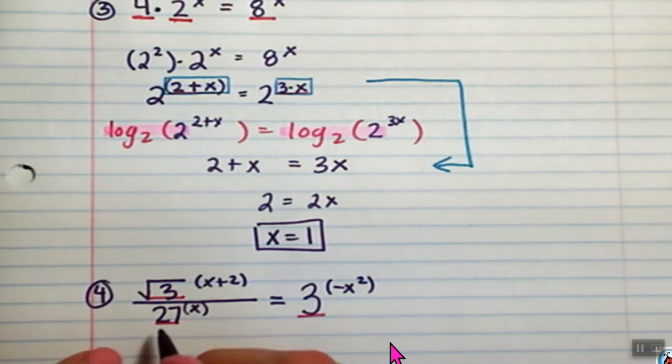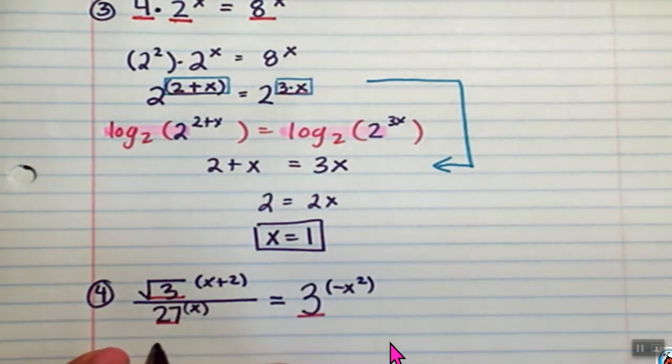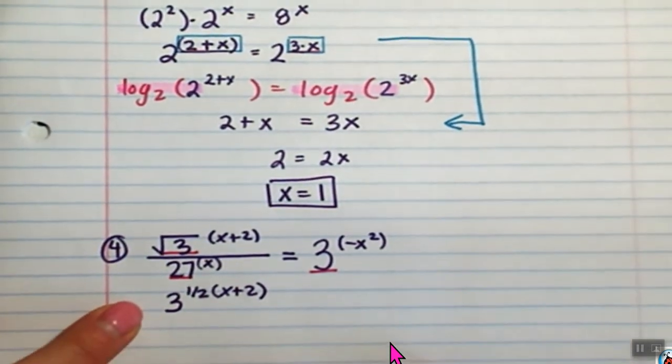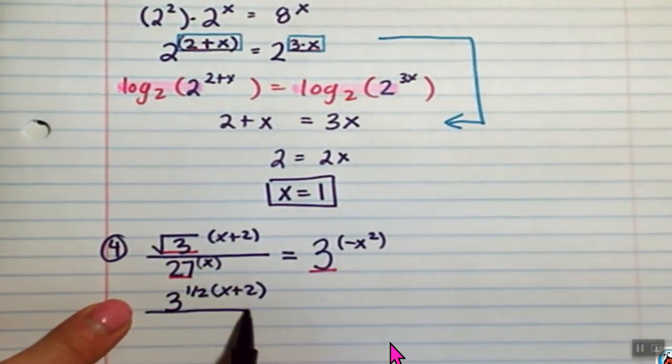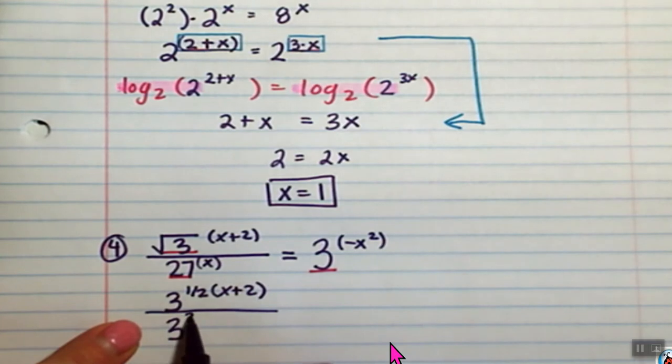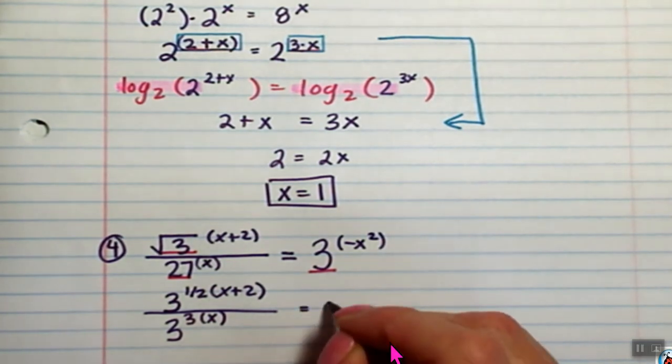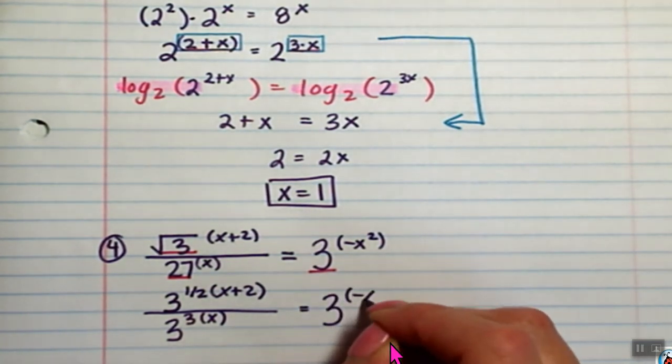The first thing I'm looking at is the 3 as my common base. So I'm going to take that root and write it as the 1/2 power. Then I'm going to take the 27 and write it as a 3 cubed power. And then I'll just leave this side here.